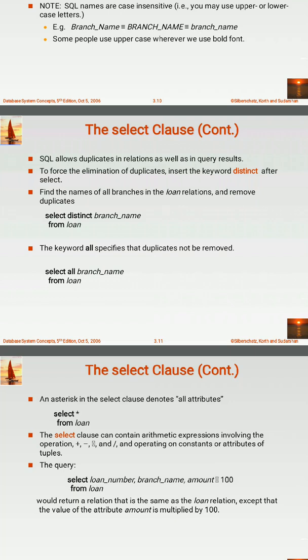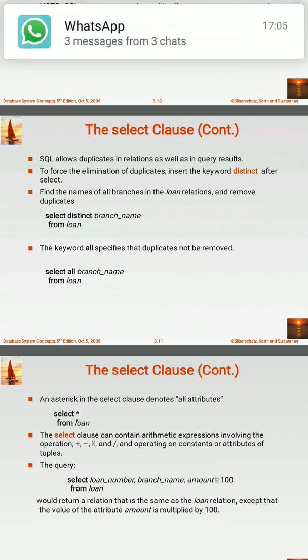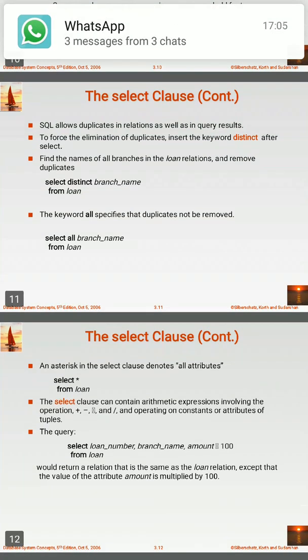If you want to remove the duplicates, you use distinct: select distinct branch_name from loan. By using the distinct clause, you can remove the duplicate names. The keyword all specifies that duplicates are not removed: select all branch_name from loan.